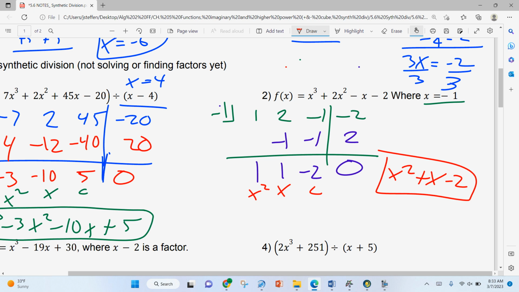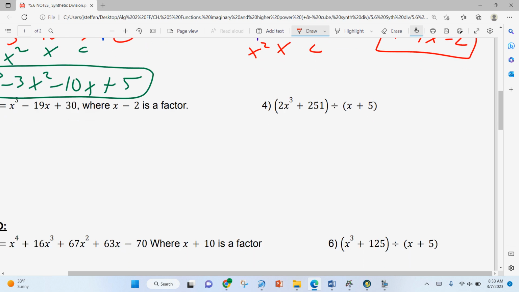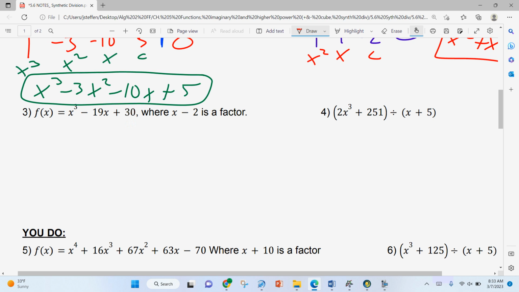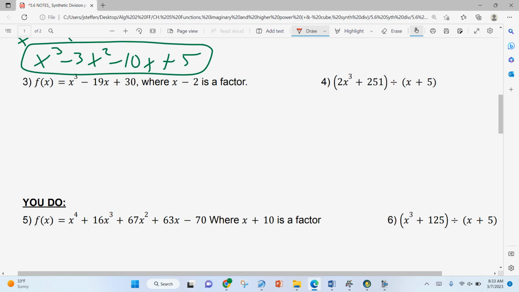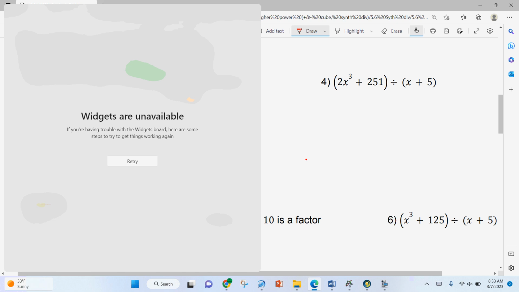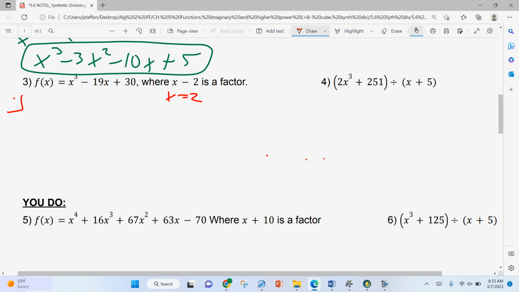The other tricky thing that does trip up students a little bit is a problem like number 3, because a lot of students do it the same way as before, where they say, okay, so my x is +2, so in my box I have +2, and put 1, -19, and 30. That's not right.